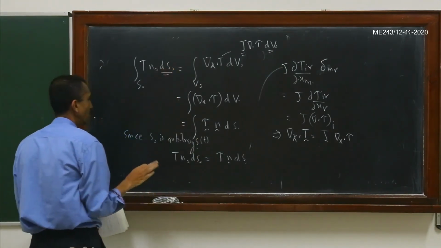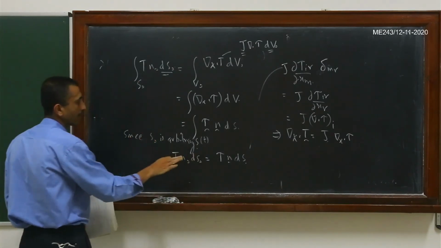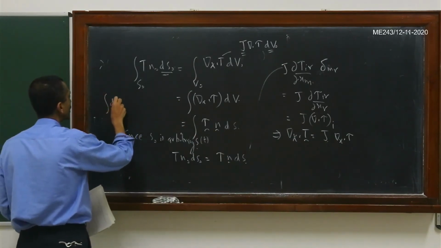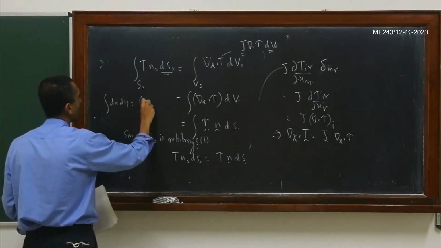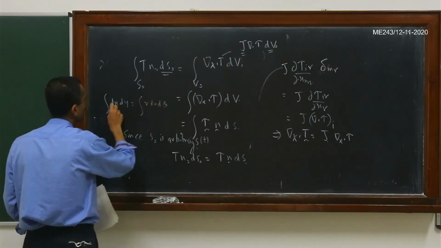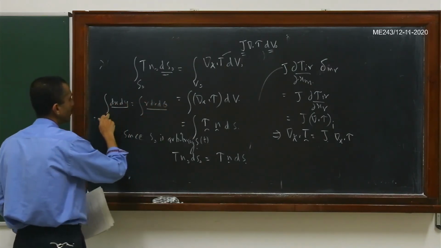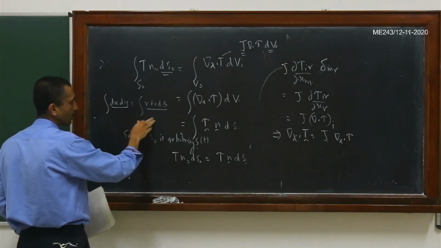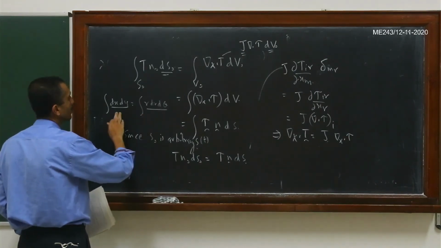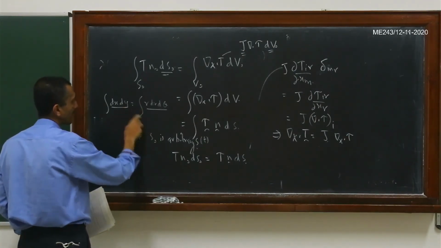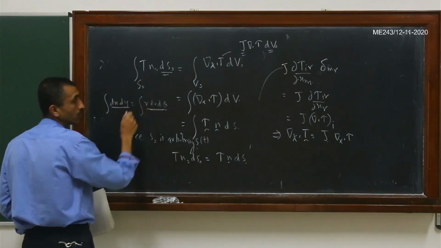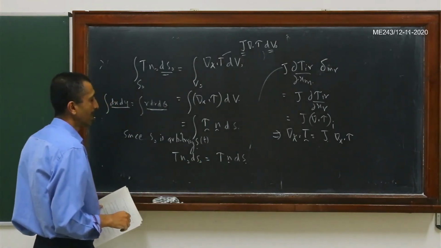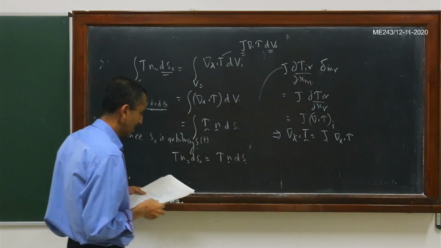Just to give an analogy about why we get this particular relation: if you look at dx dy, we write it as r dr d theta. Although this may be over a rectangle, we are transforming it to the corresponding domain in polar coordinates. So what I am indicating is that this relation is exactly analogous to that one. You can put in some more thought to see why this step is justified.